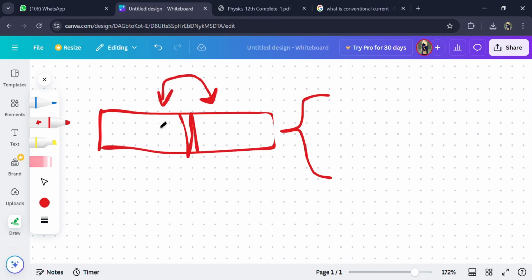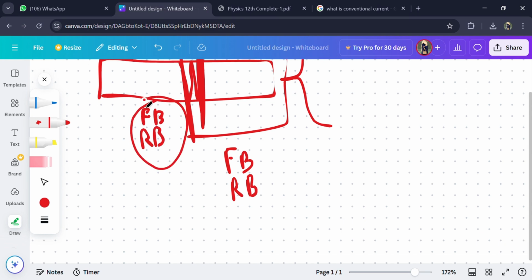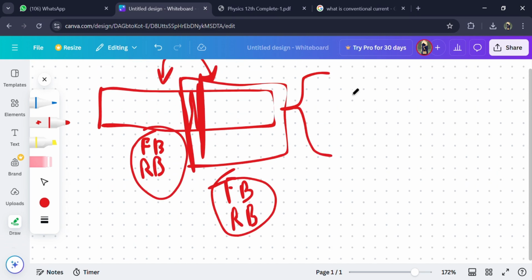If we consider this part, it may be possible that forward biasing is going on here, or maybe reverse biasing. If we consider this other part, it may be possible that there is forward biasing or reverse biasing. By varying the combination of these four possibilities, we get the four functionalities of a transistor.